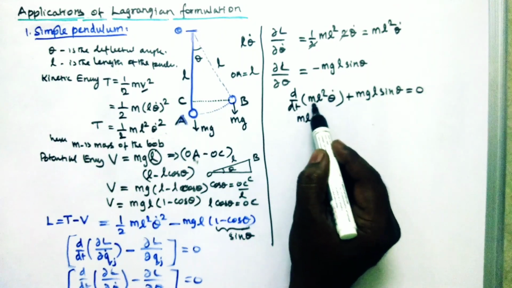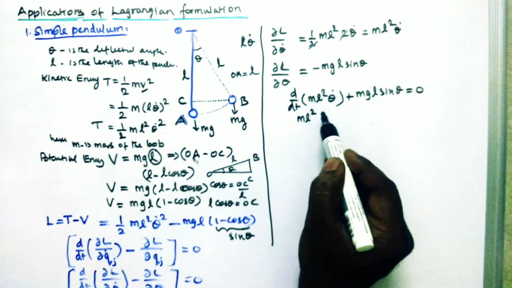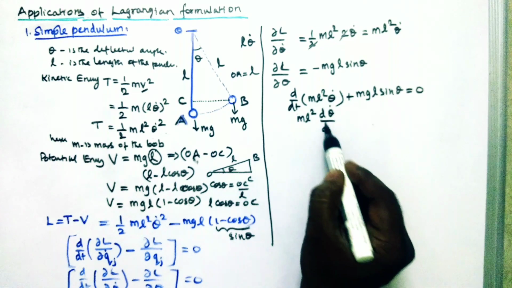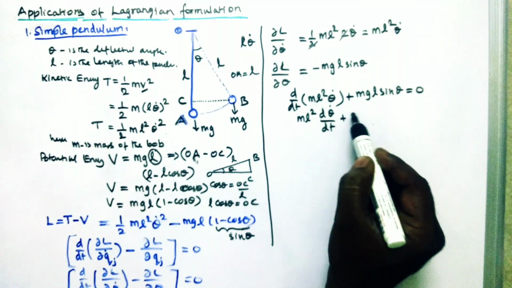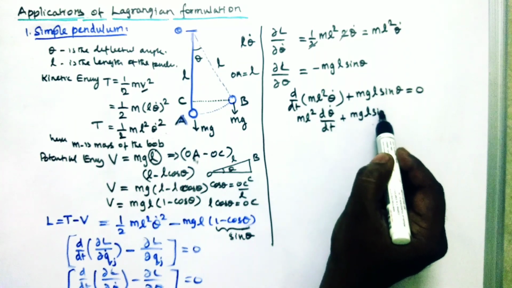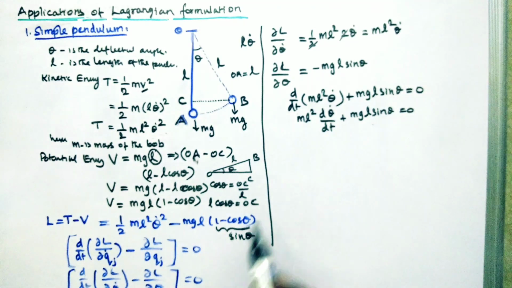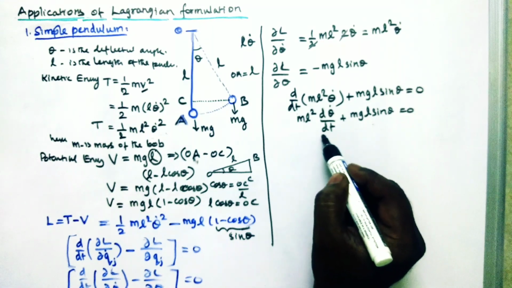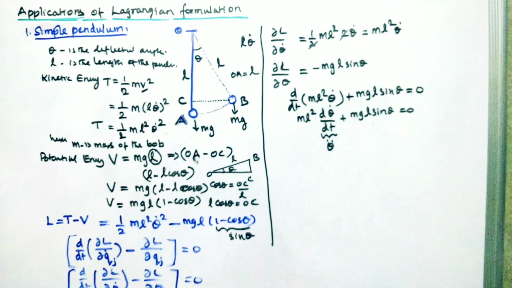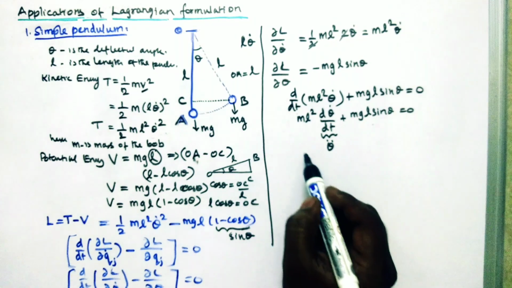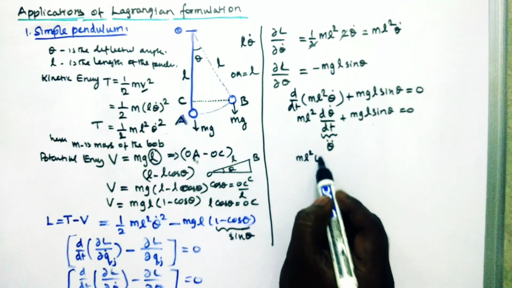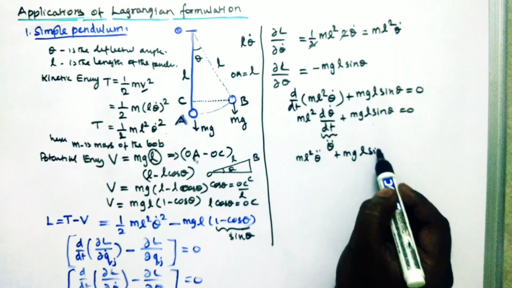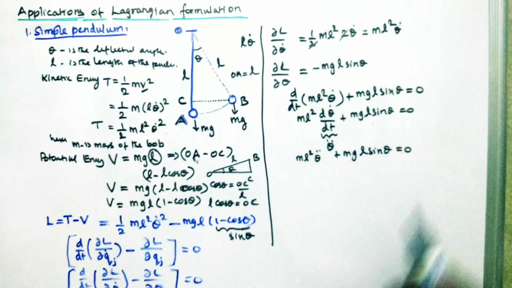Alternately this term can also be written like this: m L square d theta dot divided by dt plus mgL sin theta is equal to 0. Then d theta dot by dt we can write as theta double dot. Therefore m L square theta double dot plus mgL sin theta is equal to 0.